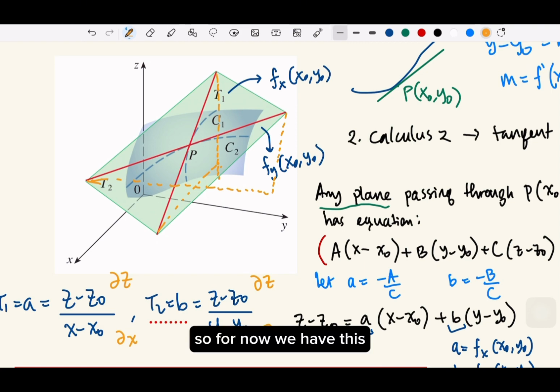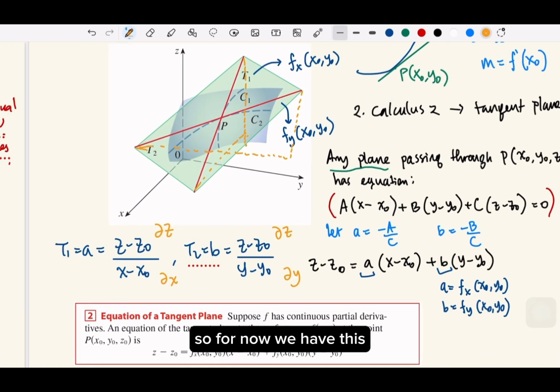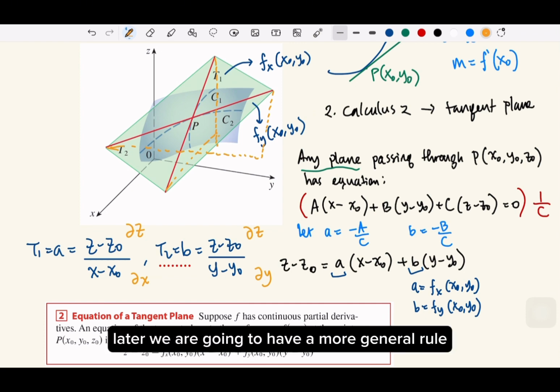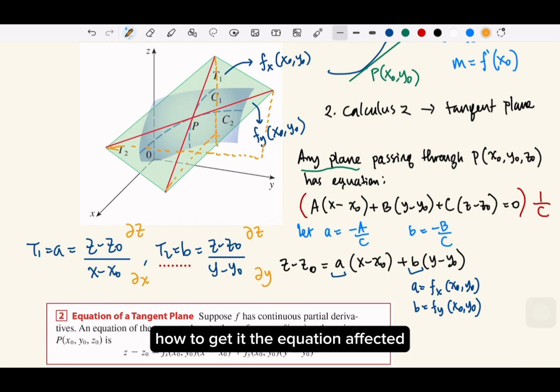So for now, we have this structure for the tangent plane. Later, several sections later, we are going to have a more general rule for how to get the equation of the tangent plane directly. So this is one way to see.